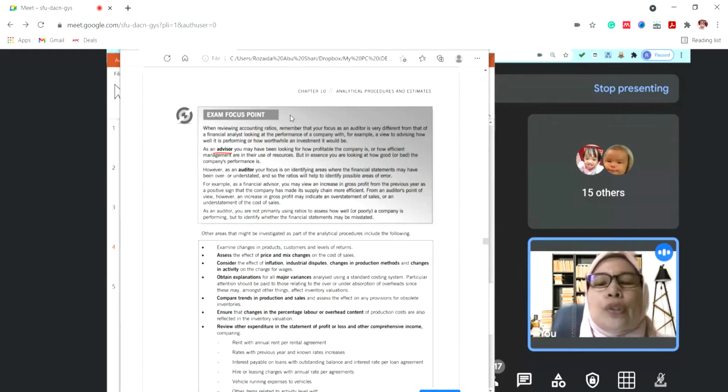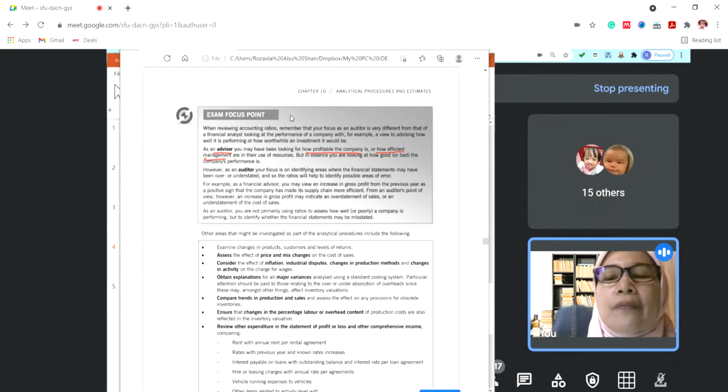So as a financial advisor, you look at how profitable the company is, how efficient the company is in managing its inventories, and the essence is looking at how good or bad the company's performance is. So normally you are looking at whether the company is efficient or not, whether the company is good in managing its inventories and so on.